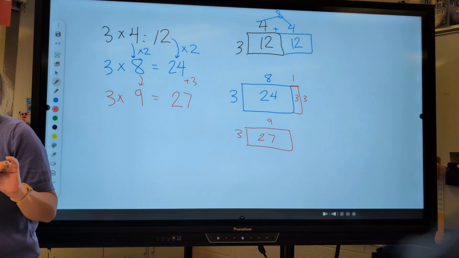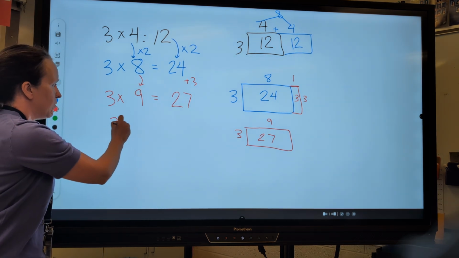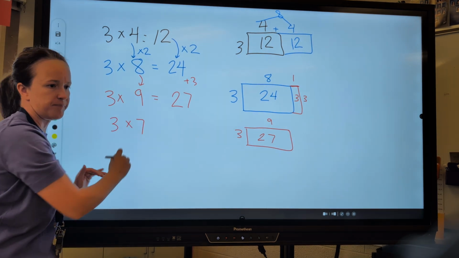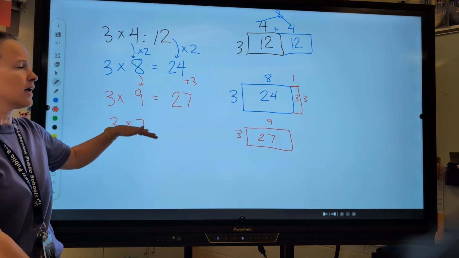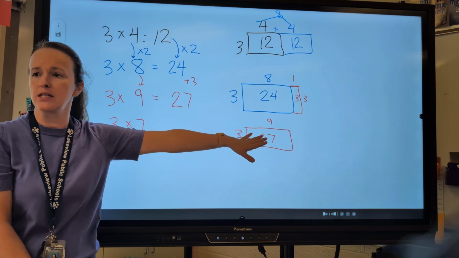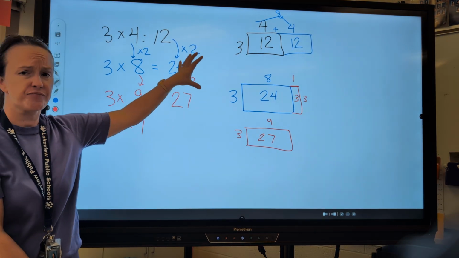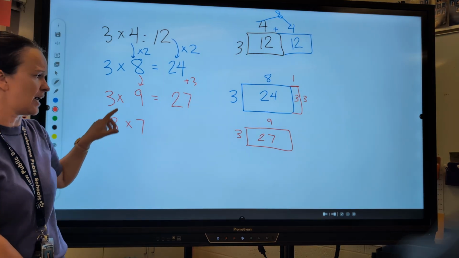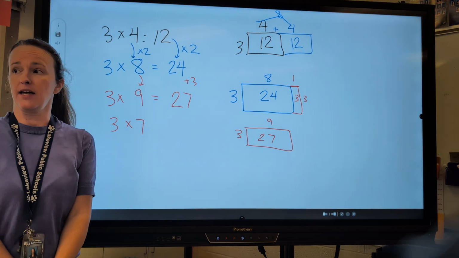Now I want to stay with 3, and we're going to do times 7. What do you think? Where do you want to look at from all of the strings that we did so far, Kiara? Which area do you want to concentrate on? What changed? What stayed the same?